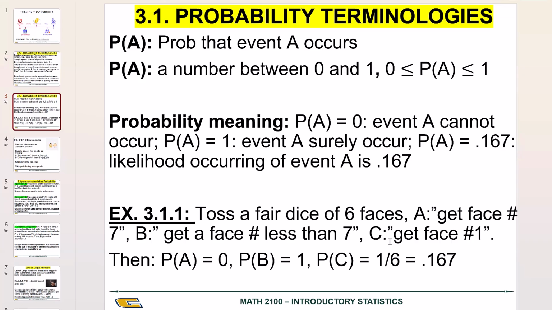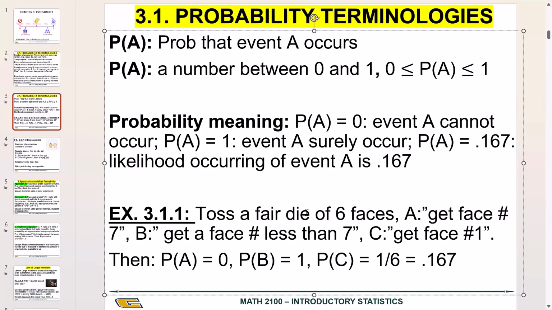So in this example 3-1-1 here, you toss a fair die of 6 faces. A is the event that you get face number 7, which in that case is impossible, so P(A) is 0. Say B is the event you get a face less than number 7.